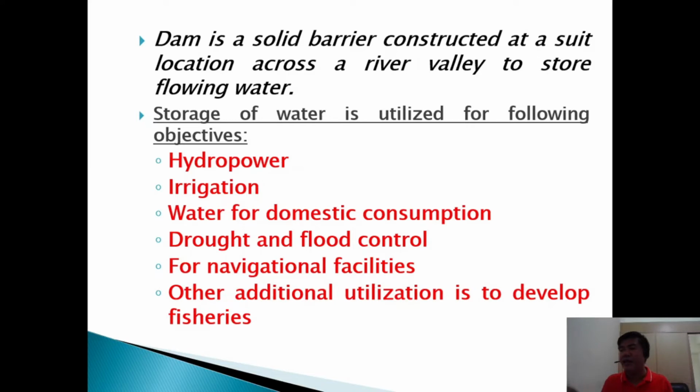If it is a large dam, they use it for tourism purposes, and even nowadays there are a lot of watershed areas that they utilize as a tourism destination. So those are the different objectives on why we are actually constructing dams.